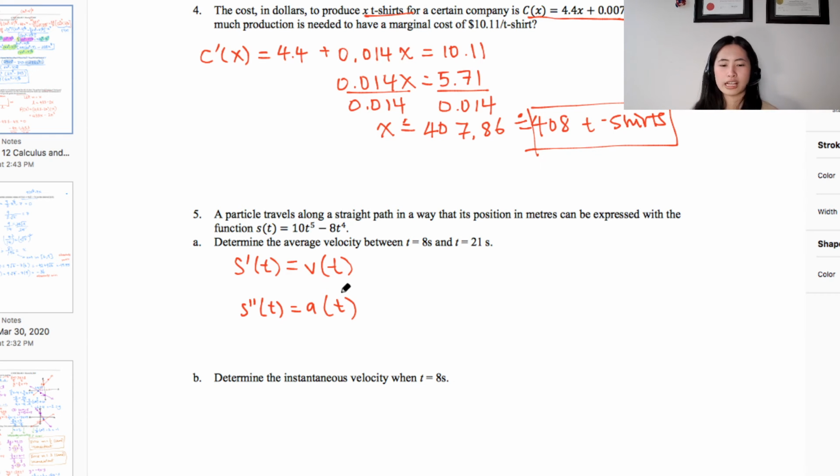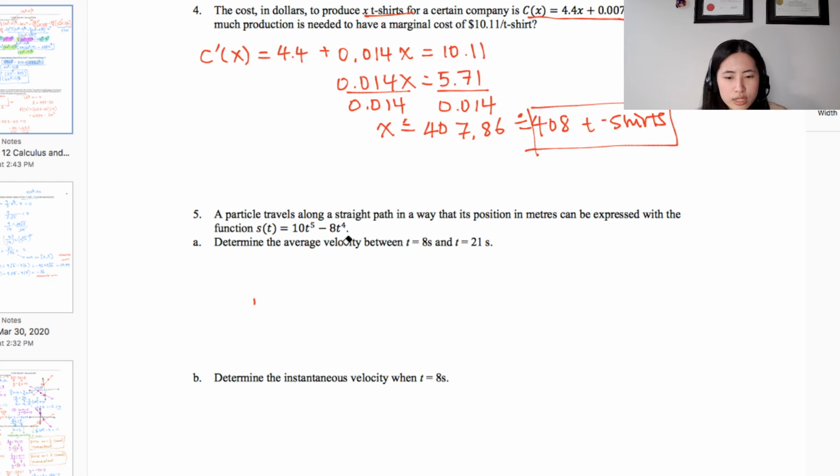I think that's where calculus and physics overlap. But for this question, we're looking at the average velocity between t equal to 8 seconds and t equal to 21 seconds. You have a particle which travels along a straight path in a way that its position in meters can be expressed with the function s of t, which is equal to 10t raised to the power 5 minus 8t raised to the power 4.